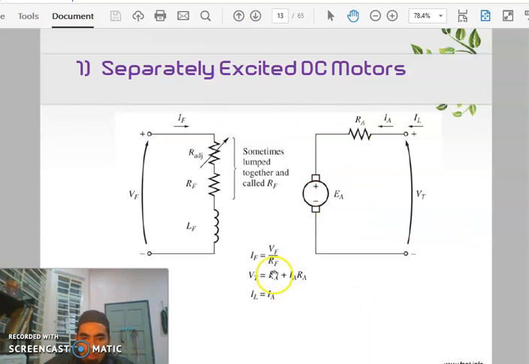So you will get the same as here: IF is equal to VF over RF, VT is equal to EA plus IA RA, and I load is equal to IA.